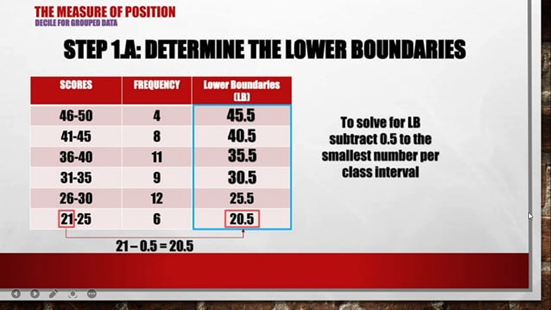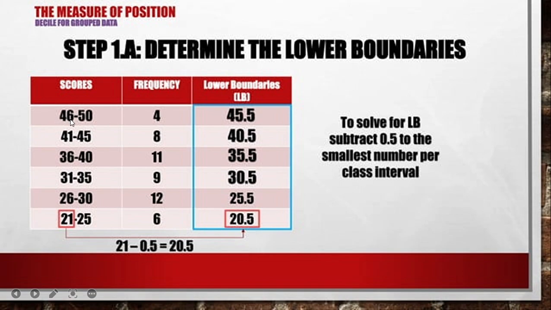So unsa may una nato na pangitaon? We will have to determine first the lower boundaries. Do not forget to determine the lower boundaries. So, ang mga lower class nato mao ni siyang 46, 41, 36, 31, 26, and 21. When we find the lower boundaries, simply ra ato lang ni siya minusan ng 0.5.